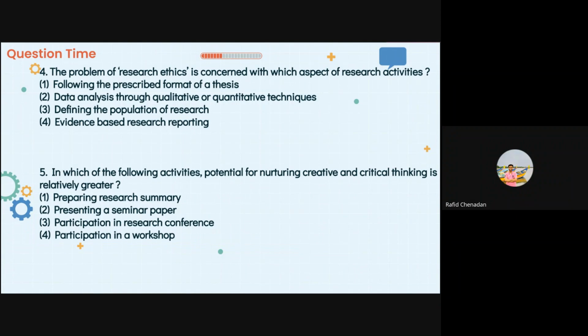Following the prescribed format, data analysis, population of research, evidence-based research. We have 1 person who gave 4. Others?